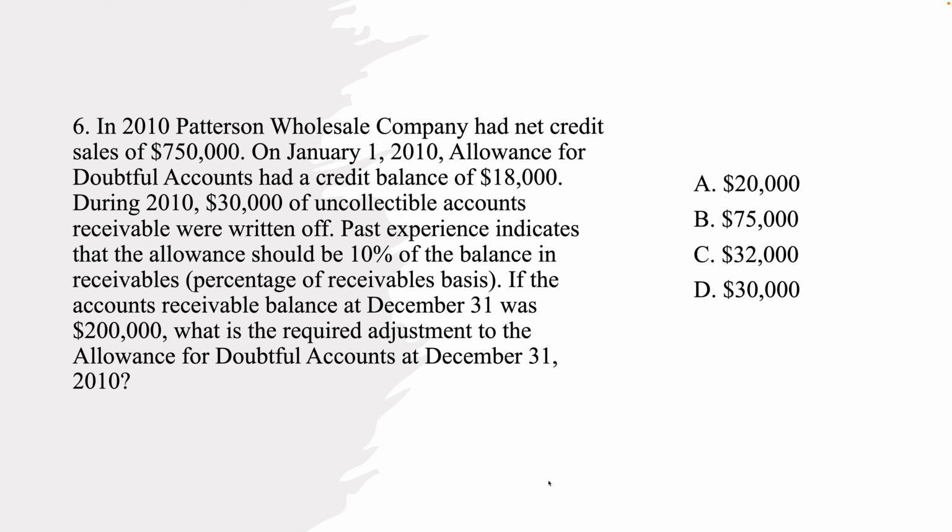Past experience indicates that the allowance should be 10% of the balance in receivable, percentage of receivable basis. If the accounts receivable balance at December 31st was $200,000, what is the required adjustment to the allowance for doubtful accounts at December 31st, 2010?